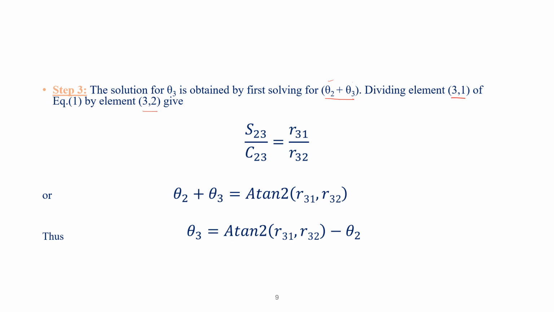So tan of theta 2 plus theta 3 is equal to R31 by R32. If you know theta 2, you can get theta 3 by using this expression. So this is how you determine the three angles of your triple R manipulator if you are given the end effector position and orientation.